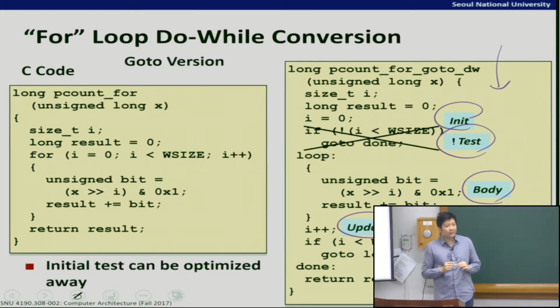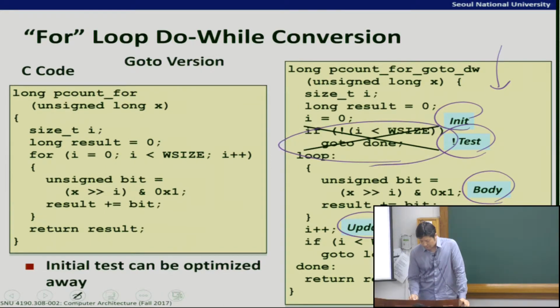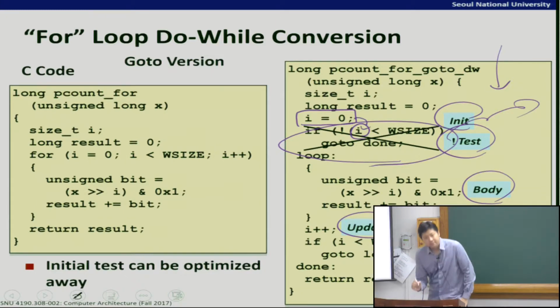And one interesting thing is this init test version can be just optimized away, right? Because this is always true. Think about it. Here, the value of i is initialized to be 0. This one is constant, right? And w size is basically how many bits there are in your input, right? So this is constant.